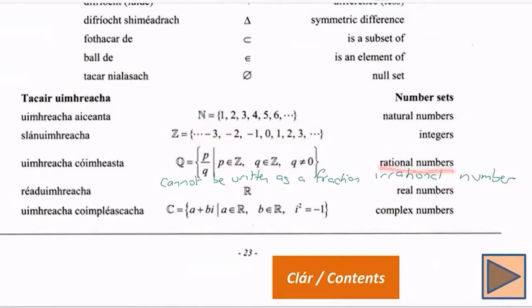Our rational numbers are our fractions. All of these can be written as a fraction, so they are also all rational numbers. Our irrational numbers cannot be written as a fraction, so the square root of 2 is an irrational number, pi is an irrational number, and all of these, including the irrational, are all real numbers.